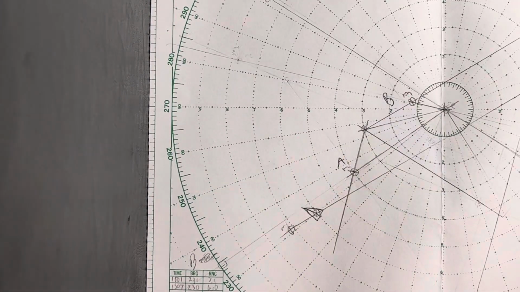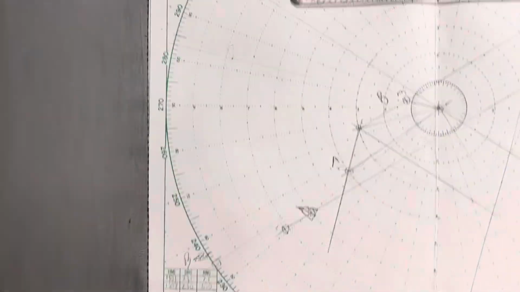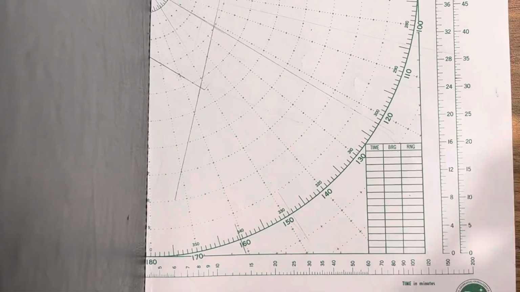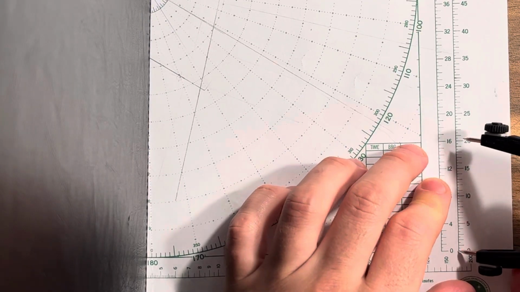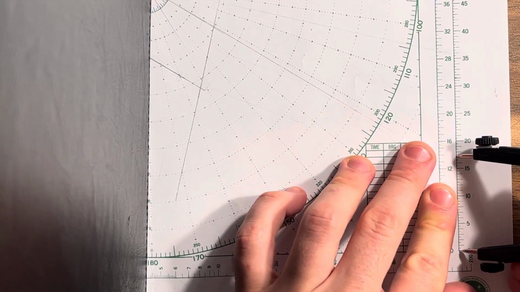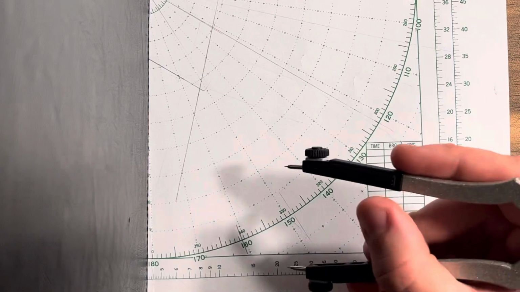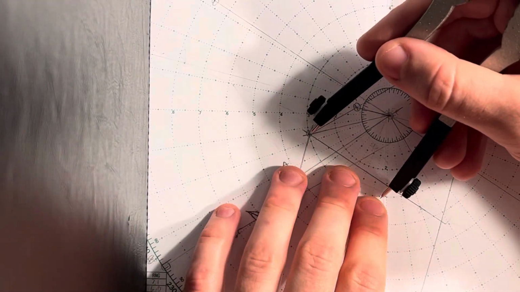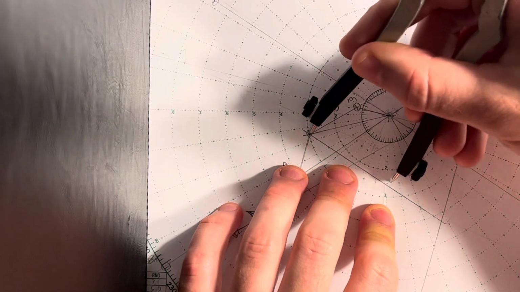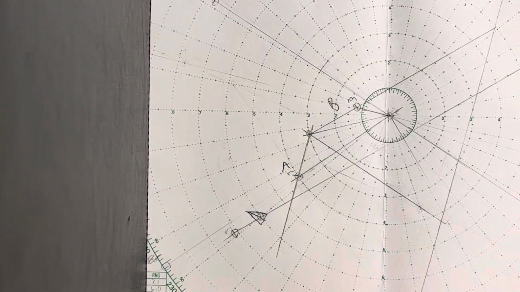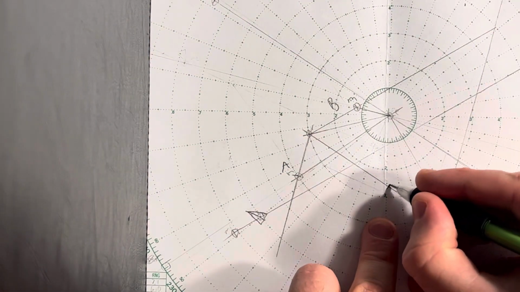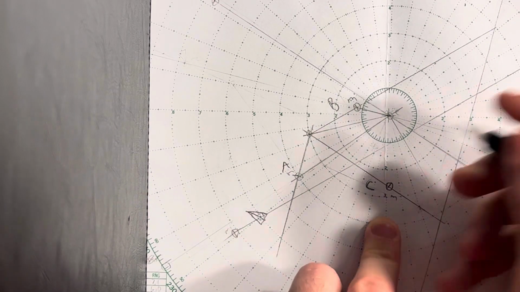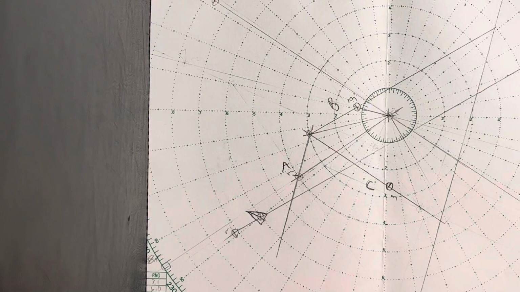17 knots. So now we're going to measure out 17 knots, or I guess we'll go just a tiny bit above it, like so, on our 5-to-1 scale, and we're going to plot it there. We mark that as M, and we make sure this is clearly contact C's triangle.